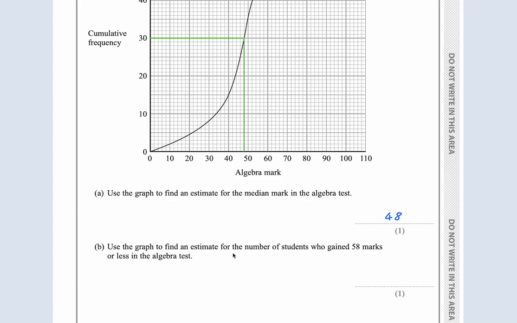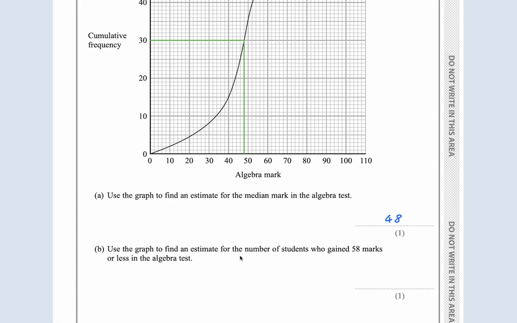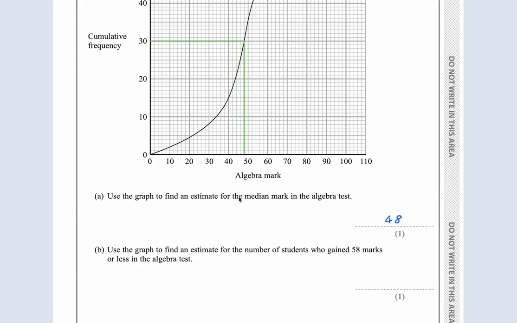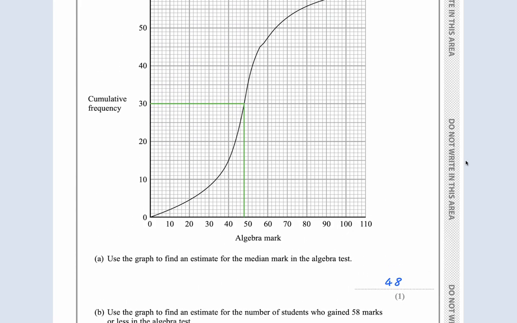Then use the graph to find an estimate for the number of students who gained 58 marks or less. Okay, so 58 marks, not 48, guys. 58 marks is here, so 52, 54, 56, 58. That's 58 there. We go up and across. Hang on, guys, I have to draw that again.